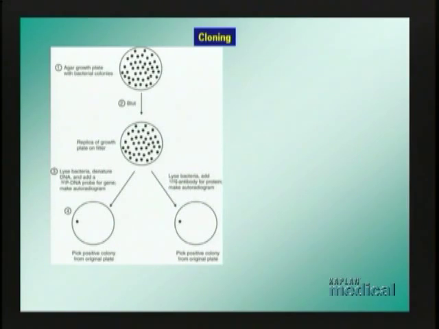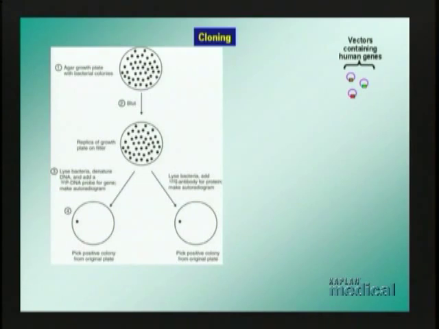On the upper right-hand side of this figure are circles shown in magenta, and what these represent are vectors containing human genes. The magenta circle represents some sort of bacterial vector, and these little colored rectangles represent some human DNA insert.